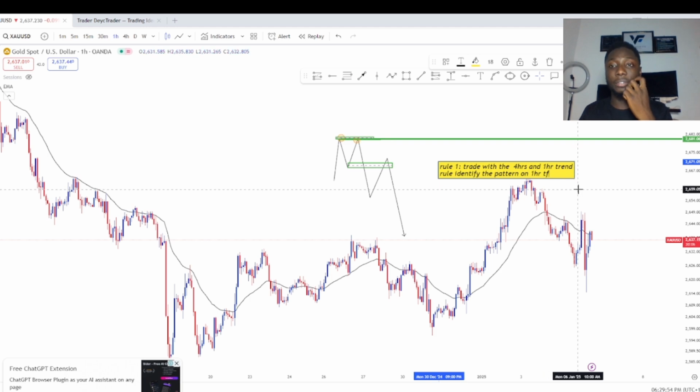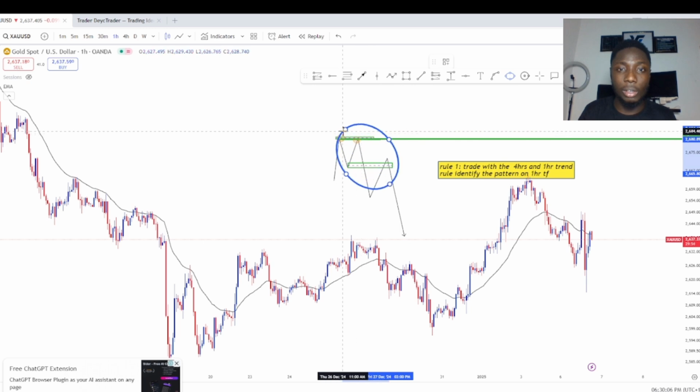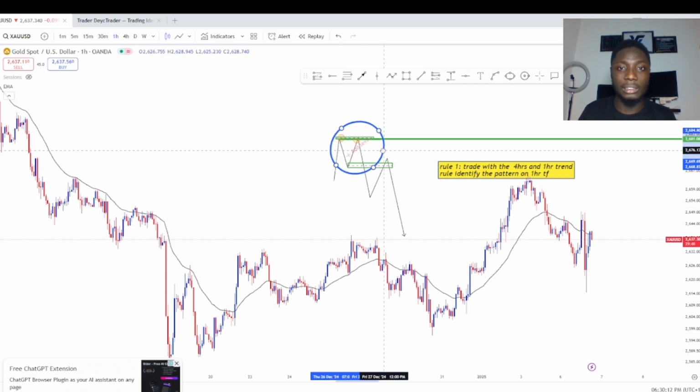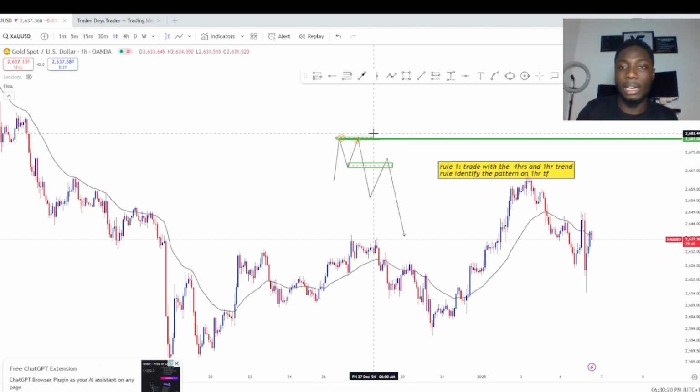So you identify this pattern here, this two leg rejection, 1 2 double top, you identify it on 1 hour. You have to see it on the 1 hour time frame. You know time frame. We have currently the 1 hour time frame. You identify this on the 1 hour.